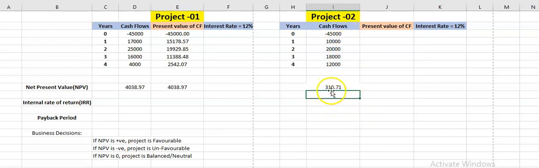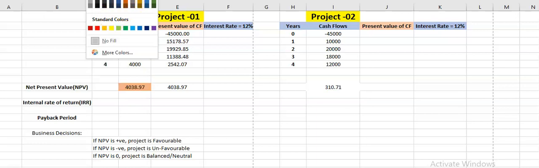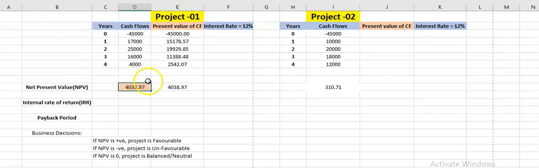Here is the present value, 310.17. We observe that project 1 has a greater net present value than project 2. Obviously we should go for project 1, which is giving us more return.